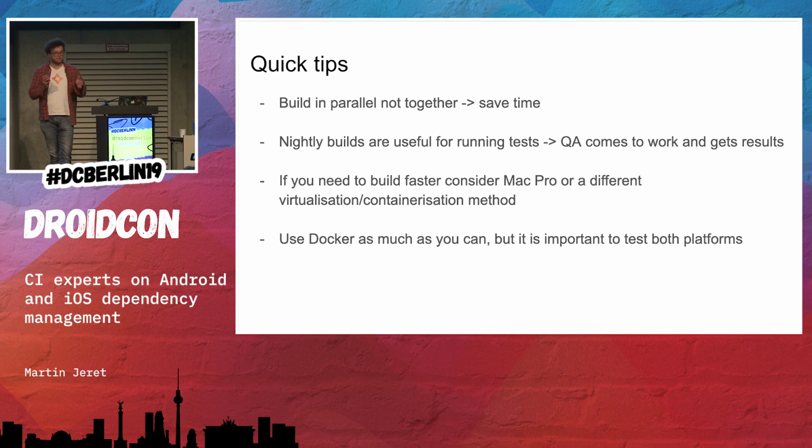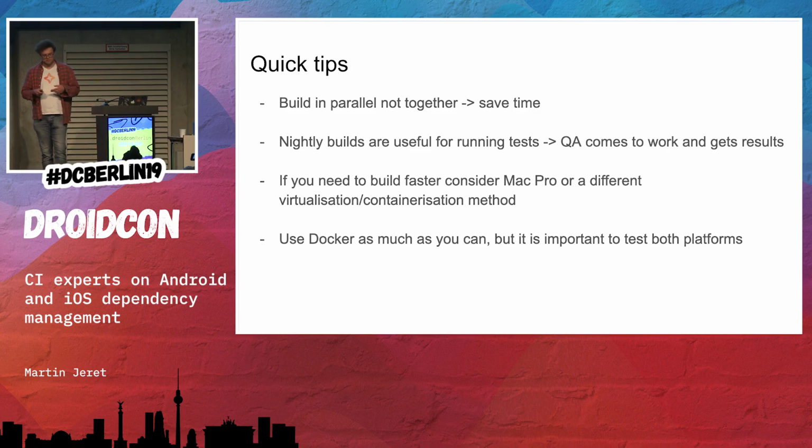You run nightly builds, and when QA comes to work, they have all their results there. If you do need to build faster and you have these heavy dependencies, a couple of things you can consider are upgrading your hardware, going to Mac Pros, for example, or trying different virtualization or containerization methods. The ones that I mentioned were Docker, Orca, and Anka.